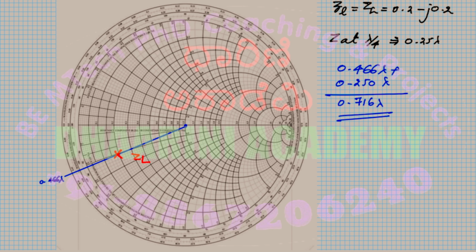So the total distance that I'm going to cover will be 0.25. Corresponding to 0.25, the point I reach on the other side will be, yes, what you told is right, 0.216. So zoom in and mark the point corresponding to 0.216.